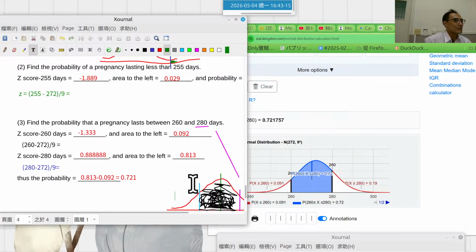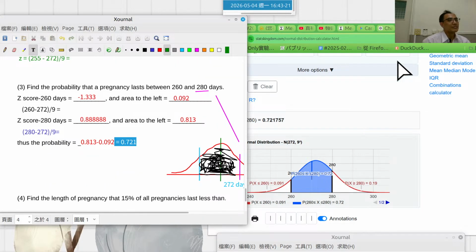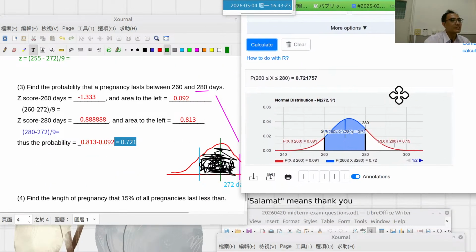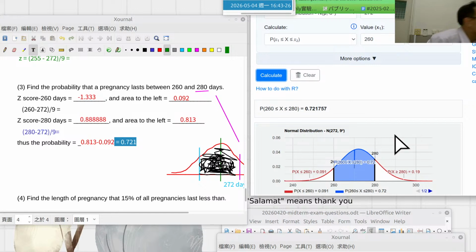So the area is here. One minute, then we will move to the next question. I promised that I will tell you to use the website.